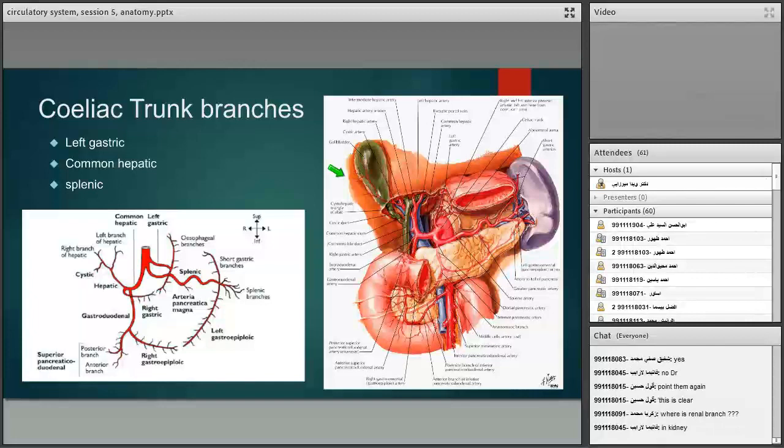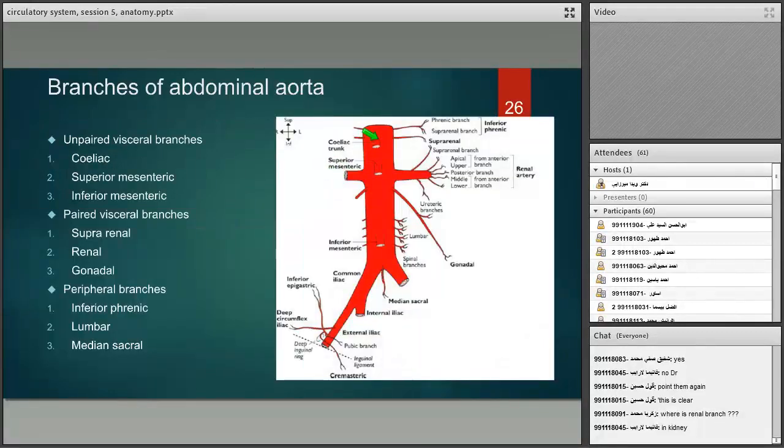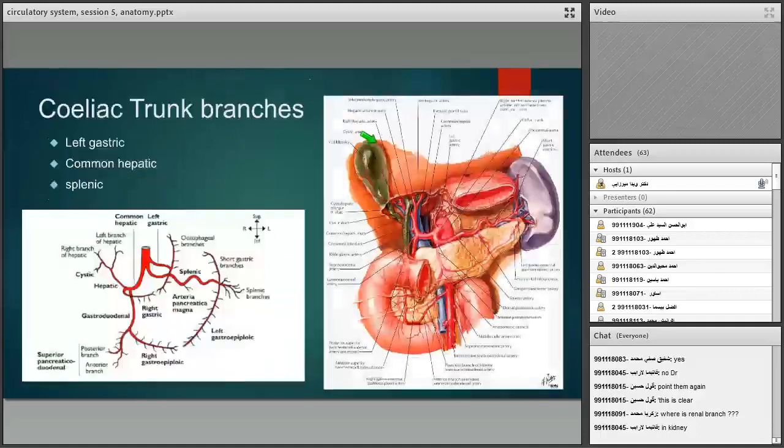The coeliac trunk is derived from the anterior surface of the aorta, and supplies the blood for some viscera: the stomach, the liver, some parts of the intestine, the spleen, and also the pancreas.